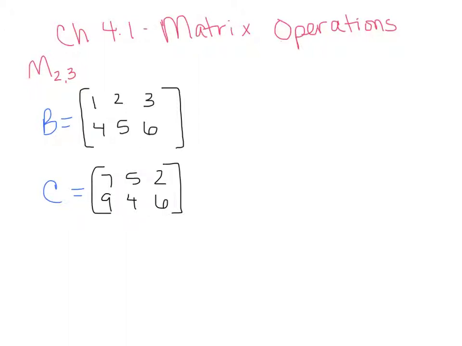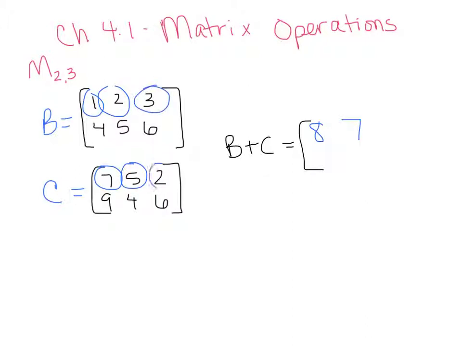So to add these together, you add the same entry. So the entry 1, 1 would be first row, first column. So if I wanted to do B plus C, I would be adding 1 plus 7. So there would be an 8 in the first position. And then 2 plus 5 would be 7. And then 3 plus 2 is 5.